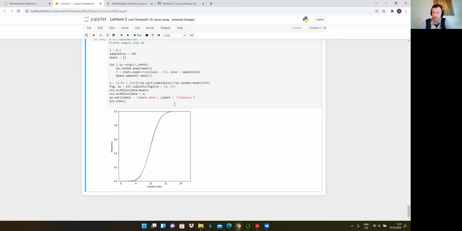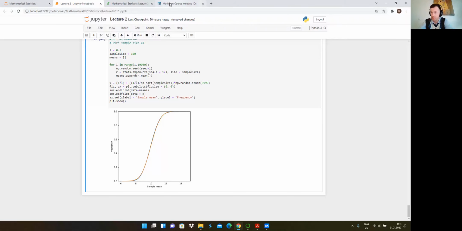So this is the idea of convergence in distribution. The distribution function of this sequence of random variables becomes closer to the theoretical distribution function.